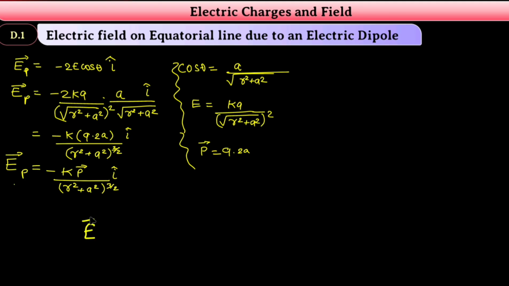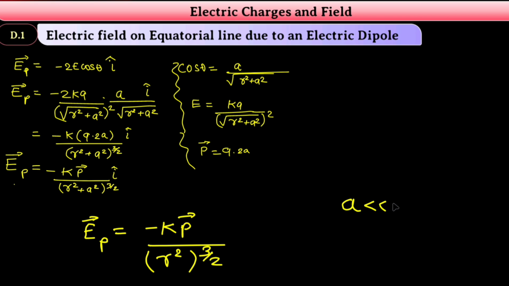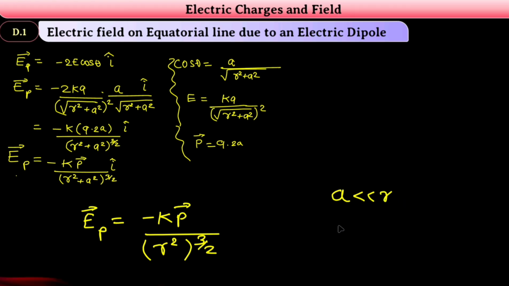Now EP vector can be written as minus Kp vector upon r square plus a square to the power 3/2. Since a is very small than r, r square plus a square can be taken as r square.